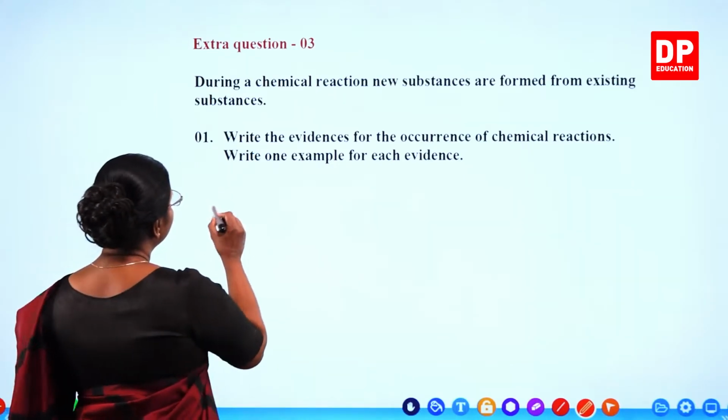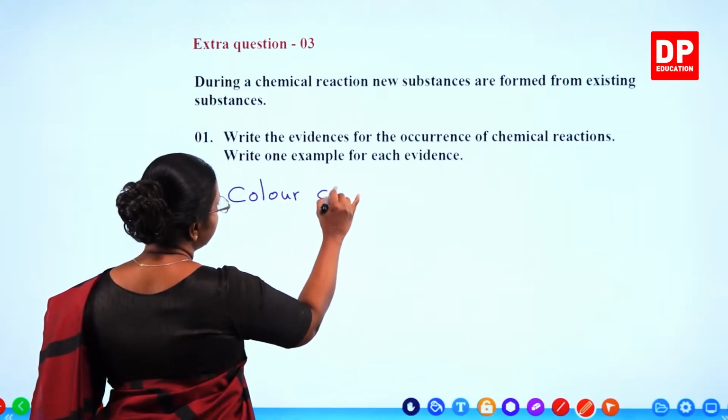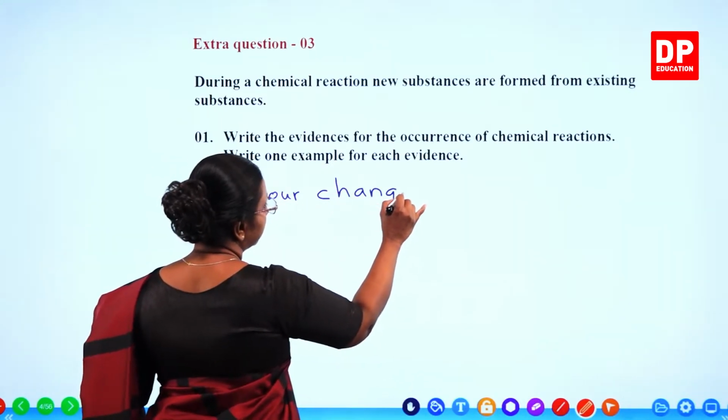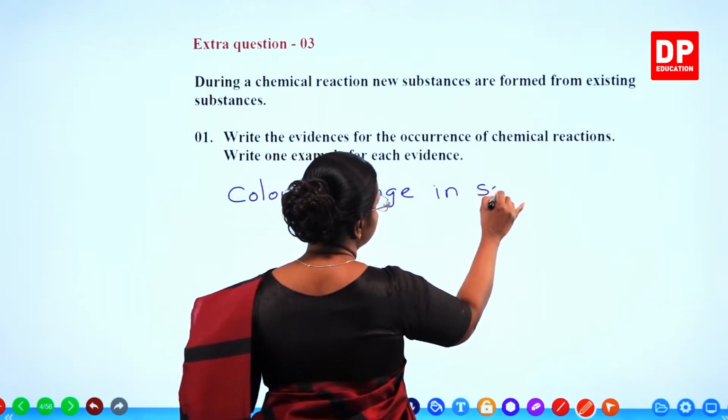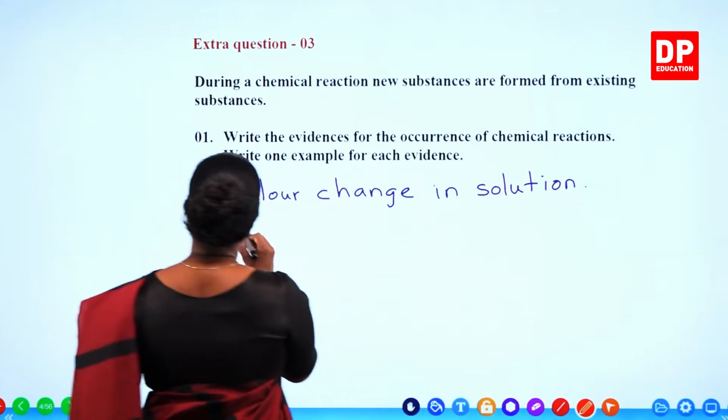So first one I will say color change in solution. What is the example?